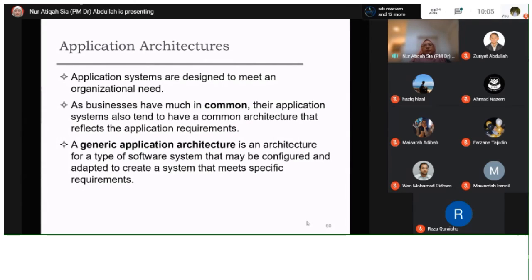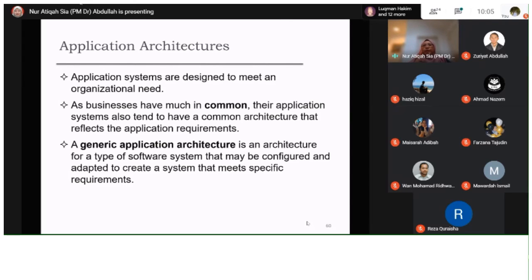If you can recall the pattern, insyaAllah you faham berkaitan dengan apa tu architecture pattern. Architecture pattern boleh represented in two types: one is the tabular form, the other one is the graphical representation. Right? So here we come to the generic application architecture.